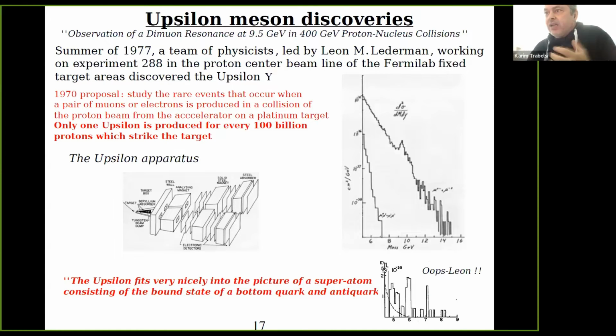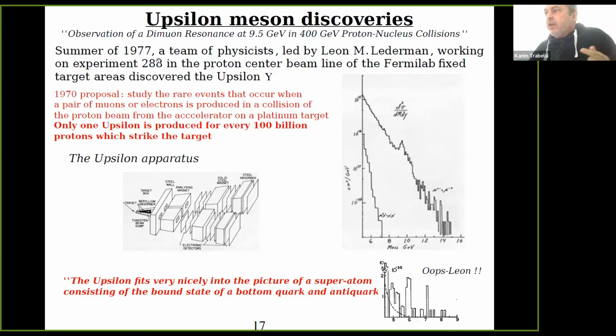You needed 100 billion protons striking the target to obtain only one epsilon. Whereas now we are basically an epsilon super factory, where a billion epsilons are produced daily.